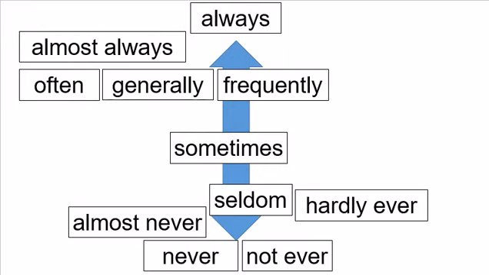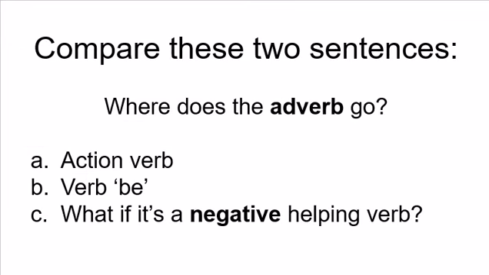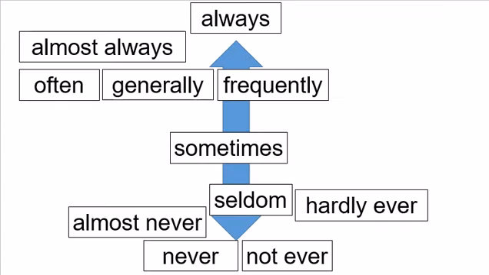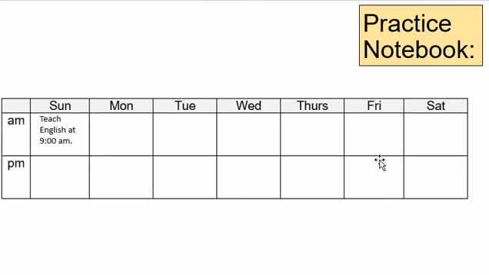All right, so we can compare these 2 sentences about, actually first, we're gonna skip, and in your notebook, you already wrote these adverbs. Next, I want you to copy this table on your paper, okay, for frequency adverbs.